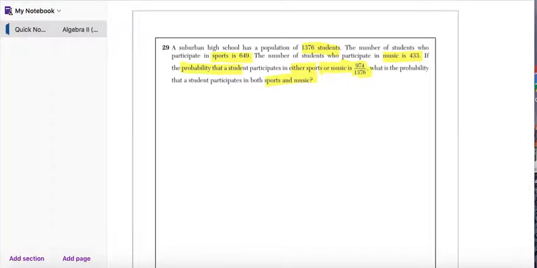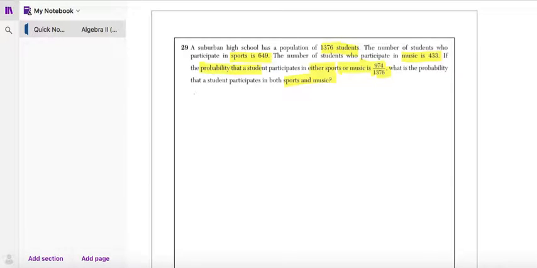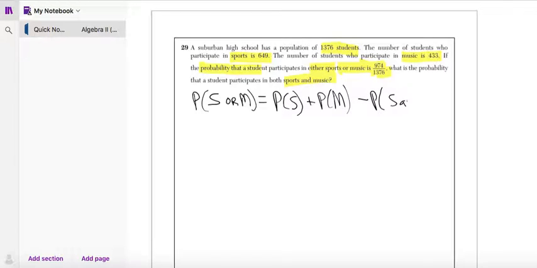So, if you remember the rule, guys, S is for sports, M is for music. The probability of S or M, sports or music, is simply equal to the probability of sports plus the probability of music, subtract the intersection, the probability of sports and music. That's the one we're solving for, right? This is out of the total, which is 1376.